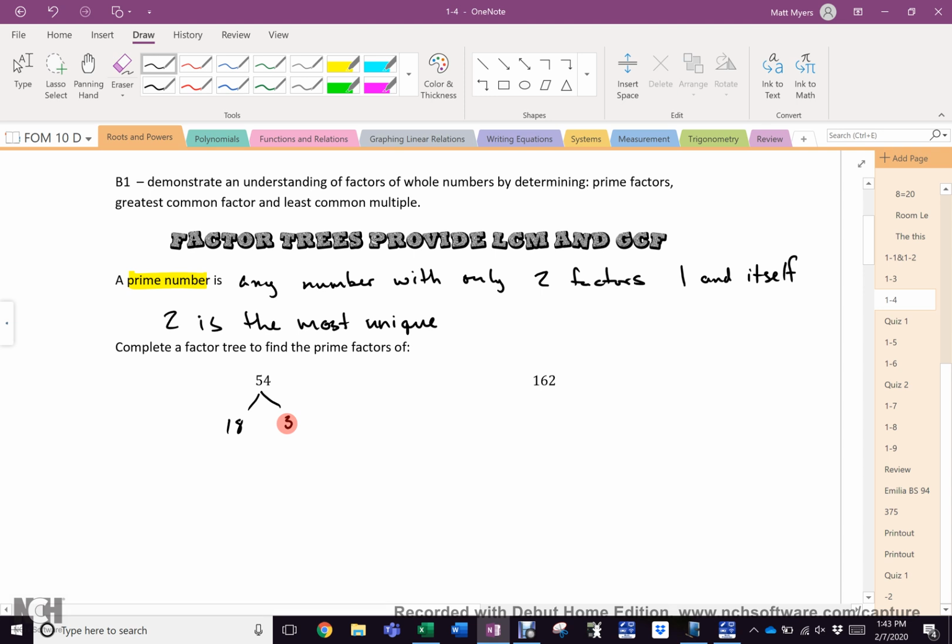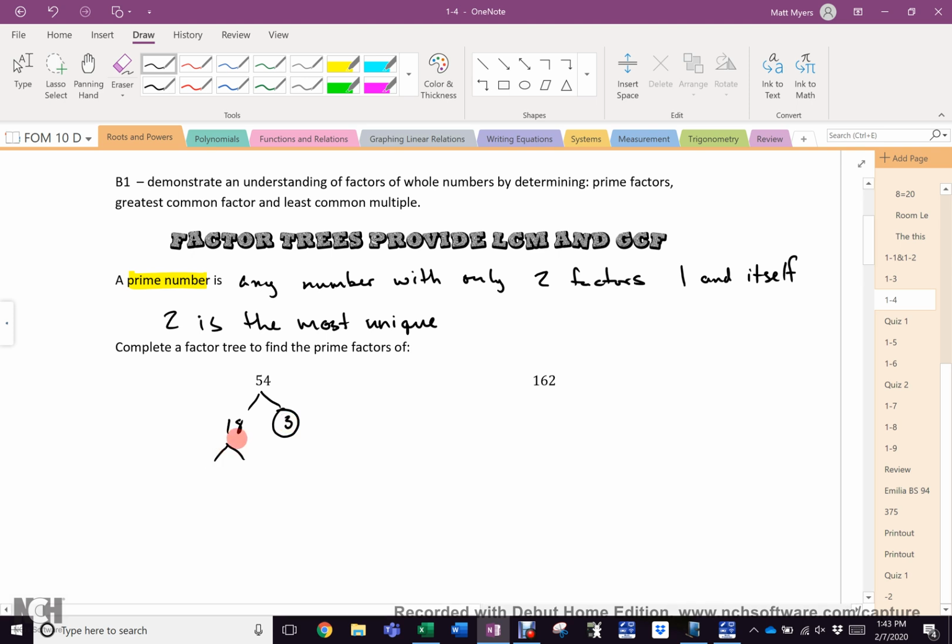That's cool. Doesn't matter. Now, is 3 a prime number? Yes. So we stop our branches at any prime number. Is 18 a prime number? No. So for me, I'm going to break 18 down. You are going to break down whatever you have on your branches.